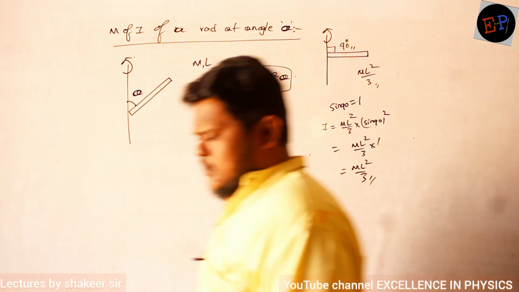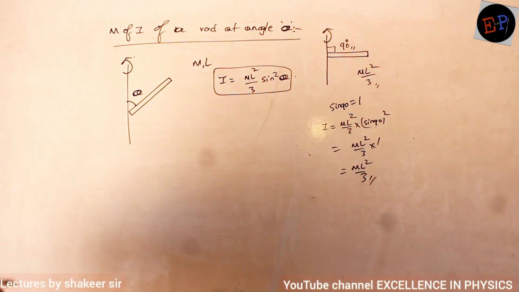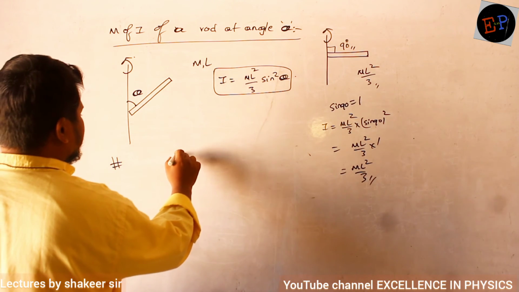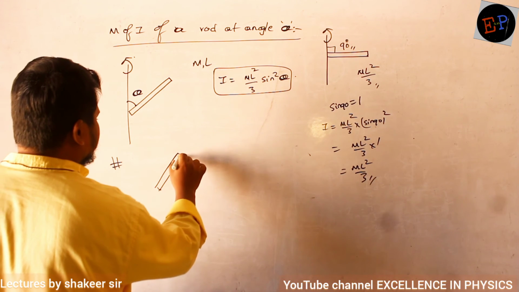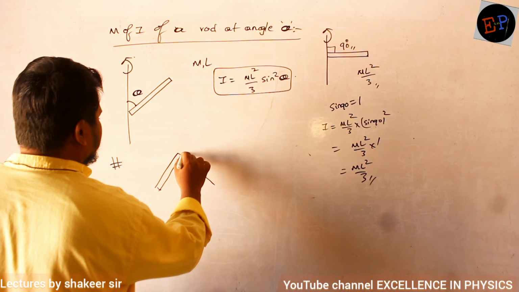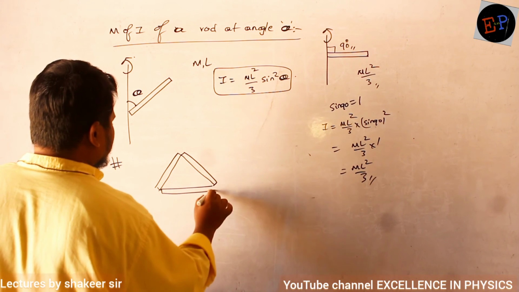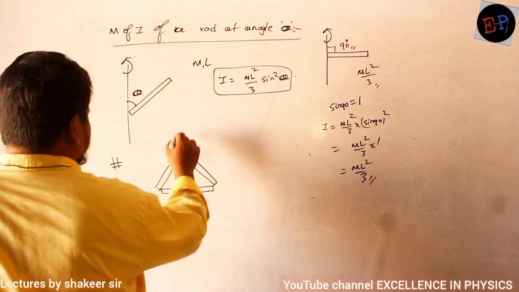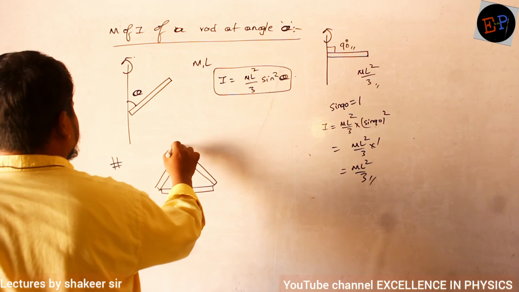Now let us see how this application can be asked in the examinations. Make a note up to here. So consider this is an equilateral triangle, and this is the axis of rotation.